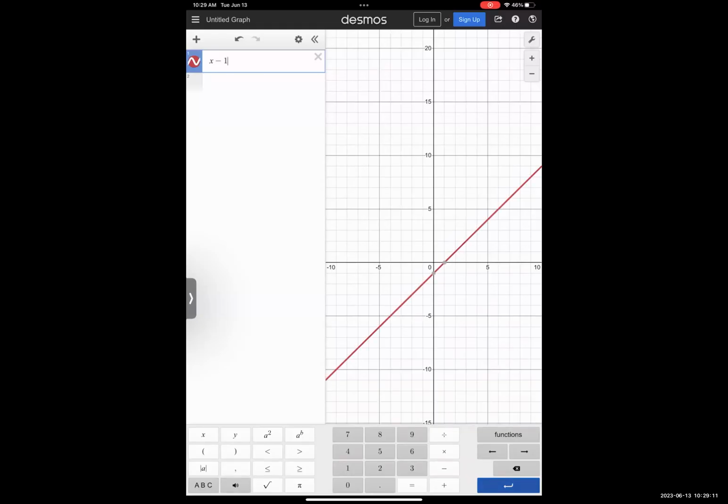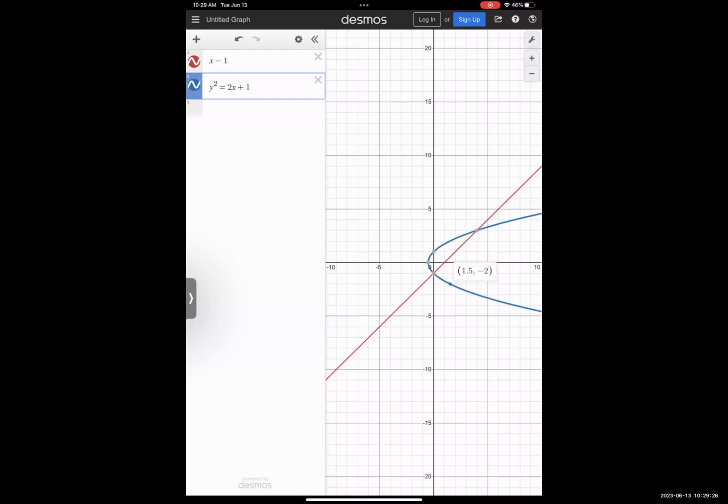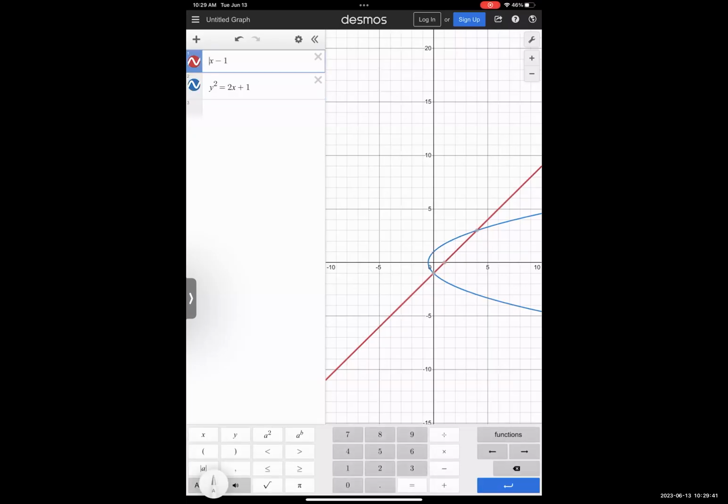And then the other one was y to the power 2 equals 2x plus 6. So Desmos can confirm the graph, and then you can confirm the points that you're finding.